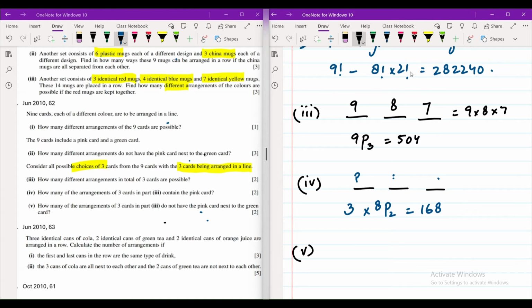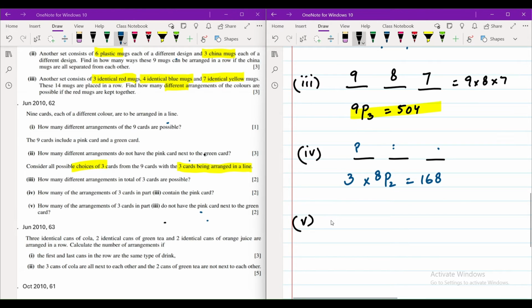Okay, so it's similar to what we did over here, but slightly differently, right? So what we'll do is, we know the total possible arrangements of 3 cards, and from this we will subtract the possible arrangements where the pink and the green are together.